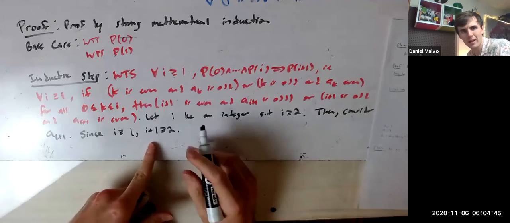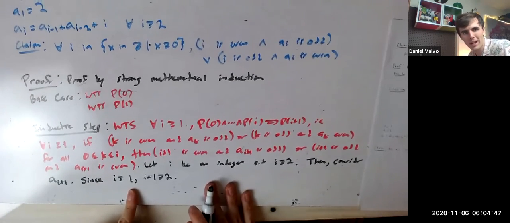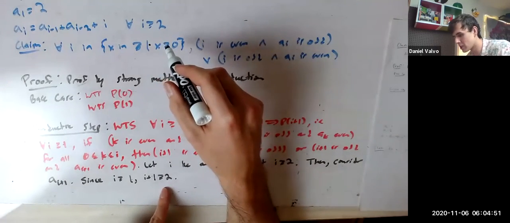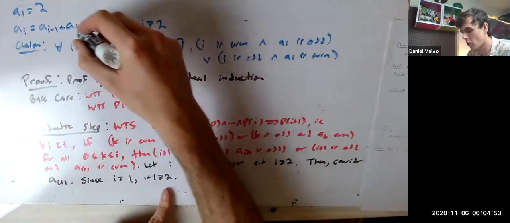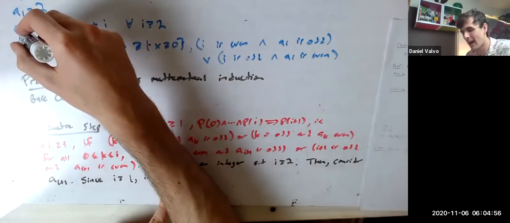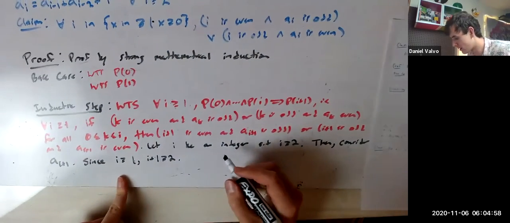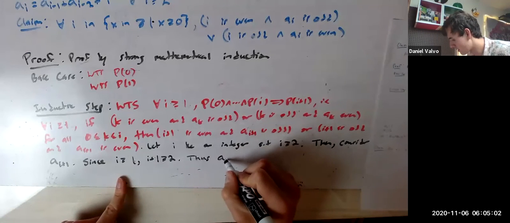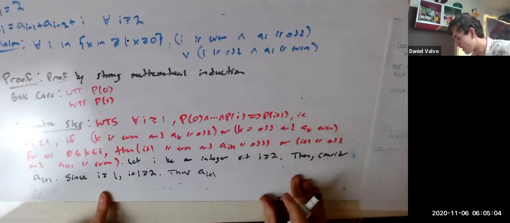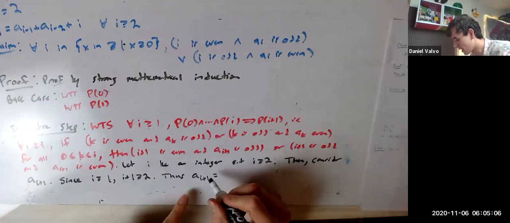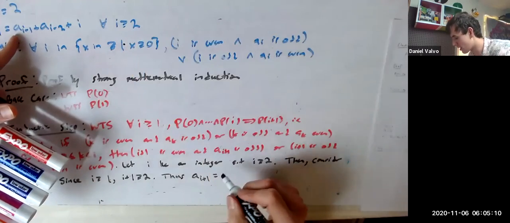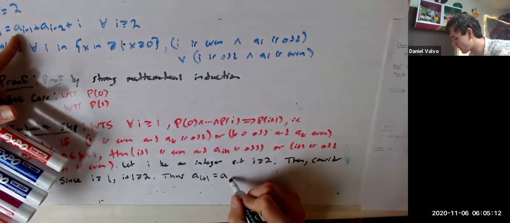Why is that important? Because by our definition here, since i plus 1 is greater than or equal to 2, we can use this formula to compute a of i plus 1. Thus a of i plus 1, because i plus 1 is greater than or equal to 2, we can use it here to show it's the 2 previous.